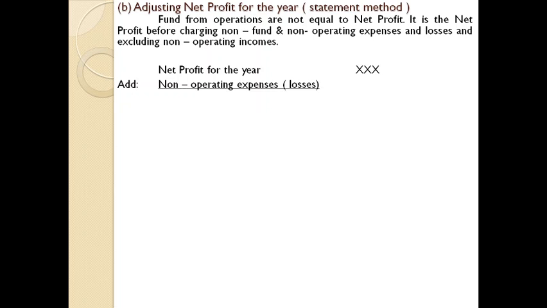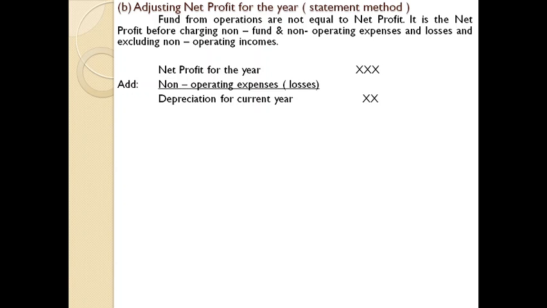Then only you can find the actual fund from operations. So what are the non-operating expenses that come under this statement? We will discuss some of the frequent and common items. Just go through it and we will discuss more items while dealing with various problems.